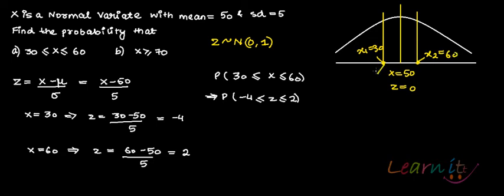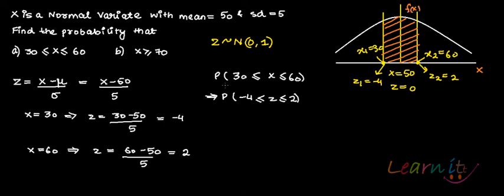In terms of z, this would mean z1 is minus 4, and this would mean z2 is 2. So you have to find out the probability between these points. This is what you have to find out. So this is your x and this is f(x), the probability.